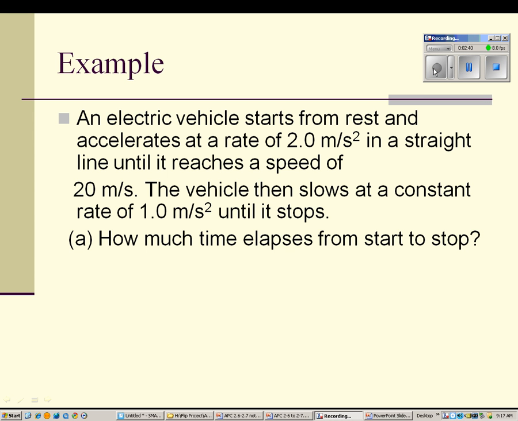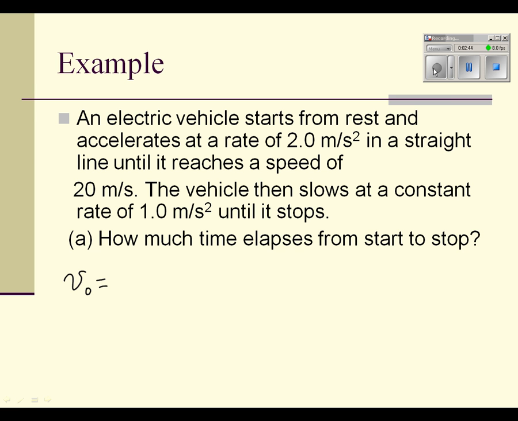What you want to do is write down your givens first. So it starts from rest for an initial velocity of 0. And then accelerates at a rate of 2 meters per second squared. So you write that down next. Acceleration equals 2 meters per second squared. That's a positive 2 meters per second squared. Until it reaches a speed of 20 meters per second. So that's our final velocity equals 20 meters per second.